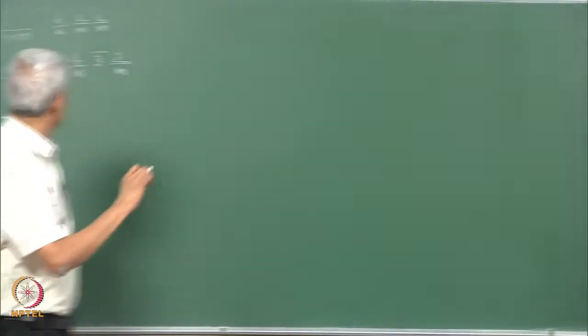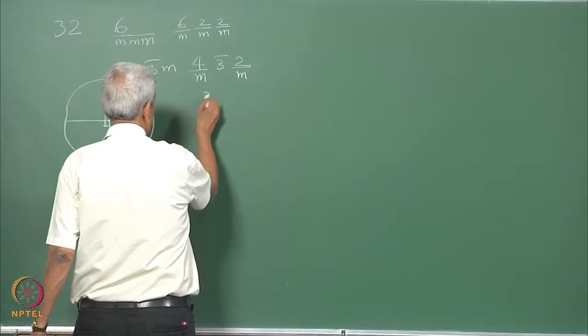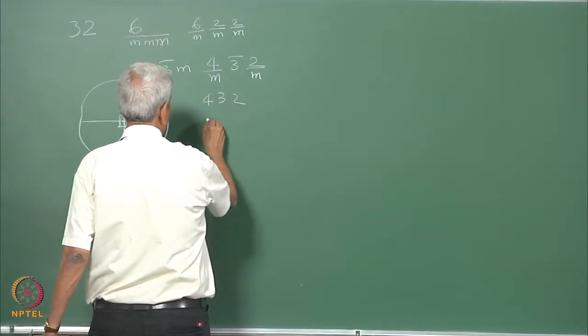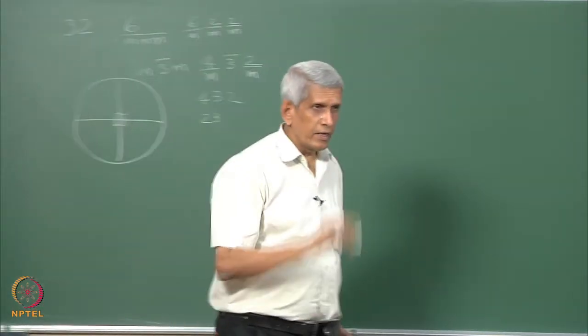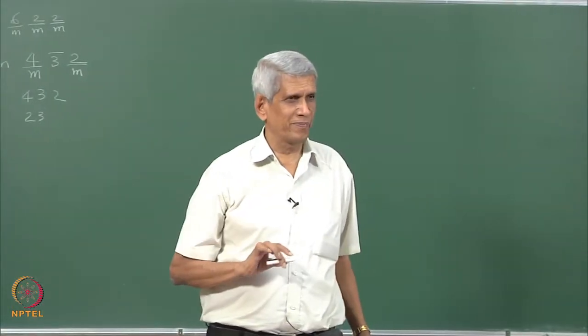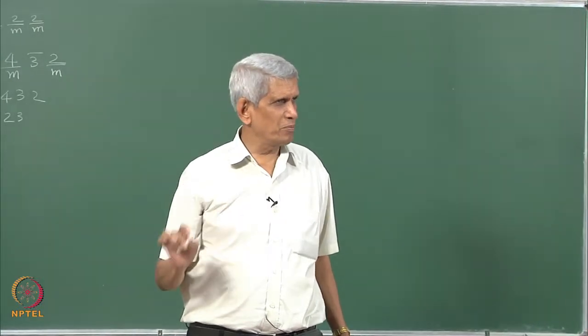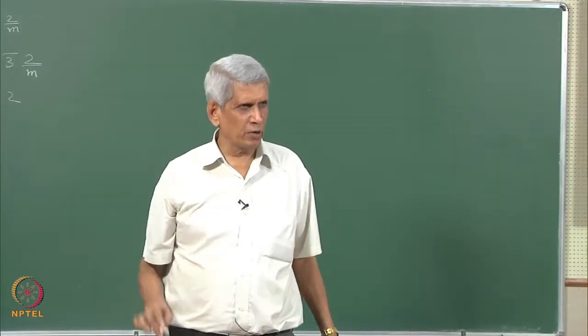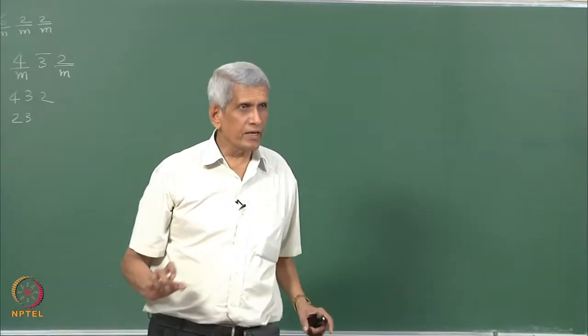If the second letter is 3, like 4 3 2 or 2 3, then this represents a cubic system. This is the convention followed to differentiate between a cubic system and a trigonal system. Is it clear?